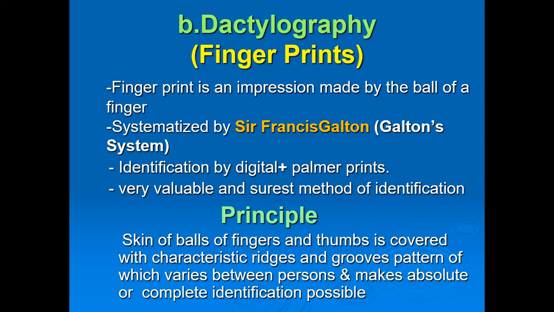Now, what is the principle of dactylography? The skin of the balls of fingers and thumbs is covered with characteristic ridges and grooves, the pattern of which varies between persons and makes absolute or complete identification possible. The important words in this are ridges and grooves, which in Urdu we call hath ki lakeeren, ungliyon ki lakeeren.